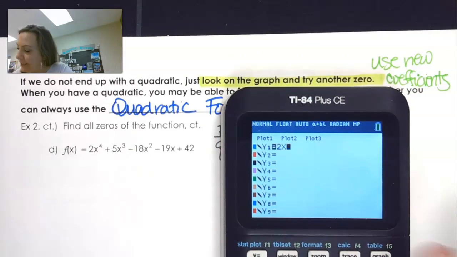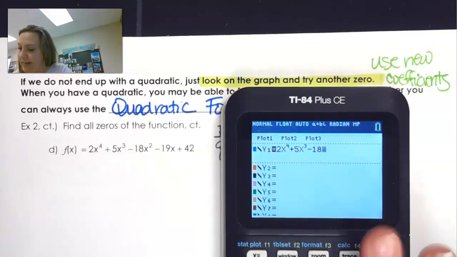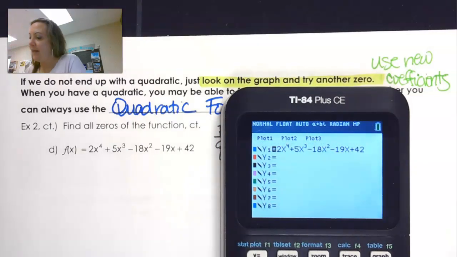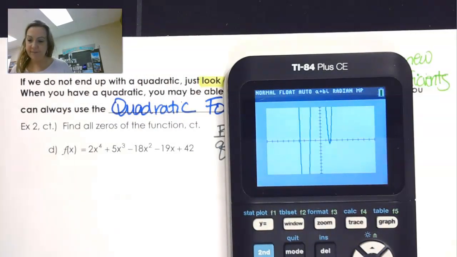So we can just put in 2x to the fourth plus 5x cubed minus 18x squared minus 19x plus 42. And I'm going to zoom 6 it. Okay.